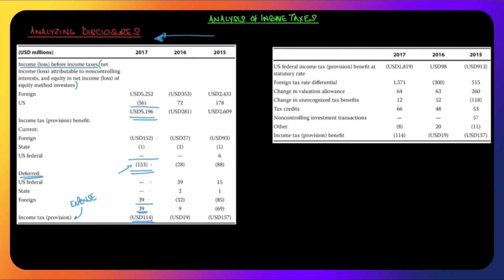Now, if I was to tell you this company had a statutory tax rate of 35%, you might look at that and say, well, that looks weird, if we hadn't just been through this module. Because you'd say, look, if I take my 5196 and I multiply it by 35%, surely my income tax expense should be 1819.